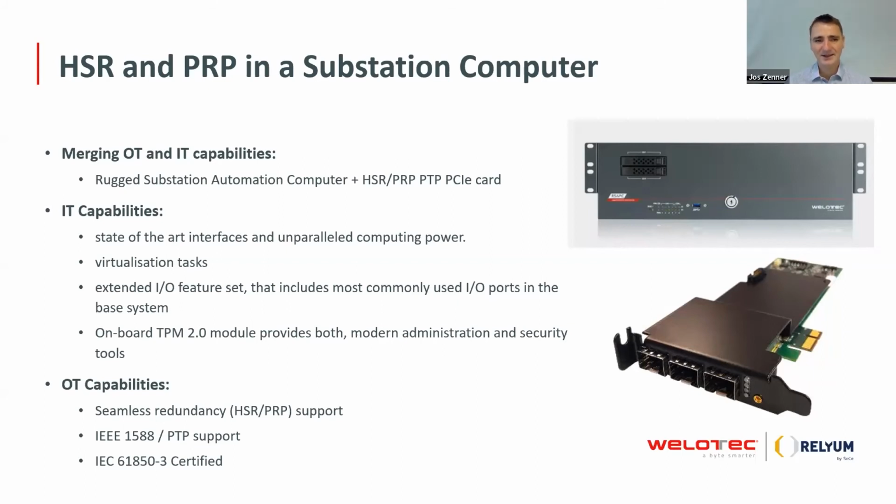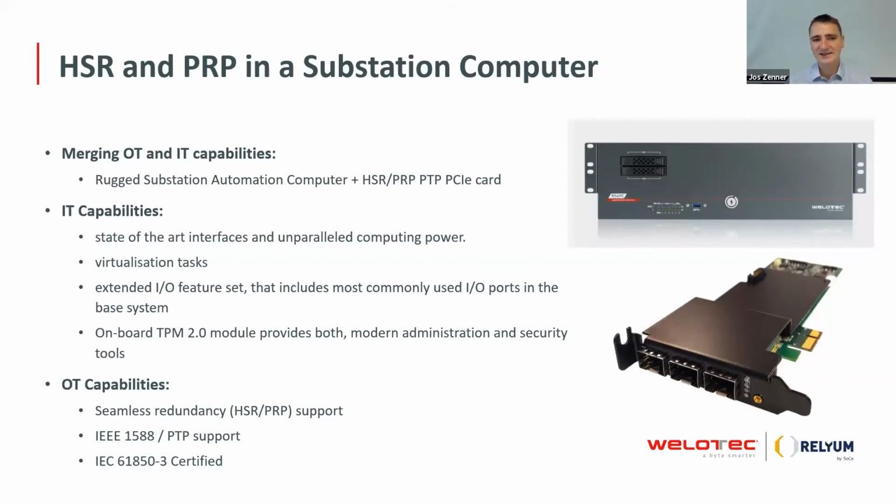There you usually have hardware or software implementations, and we have seen the advantages of the hardware implementations, so you can directly use it. Another advantage is that you can use not only one card inside one of those servers, but up to 4. So you can have a lot of different networks connected, which is also possible and available for larger substations.